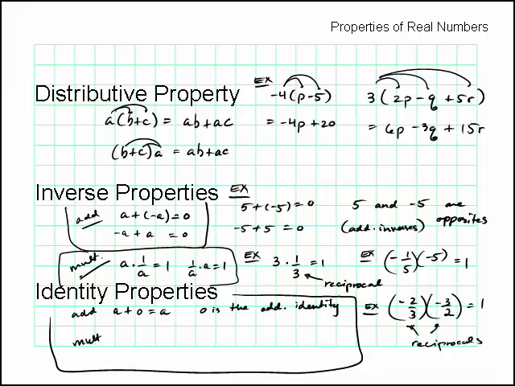We have a multiplicative identity as well. If I take a and I multiply it to the number 1, then I get a back. And so 1 is the multiplicative identity. 0 is the additive identity, because adding 0 does nothing. And 1 is the multiplicative identity because multiplying by 1 does nothing.